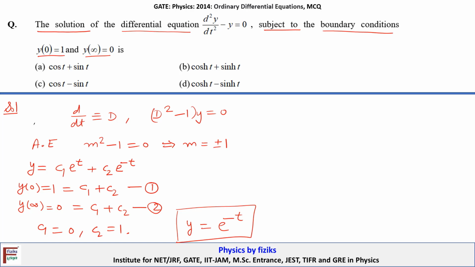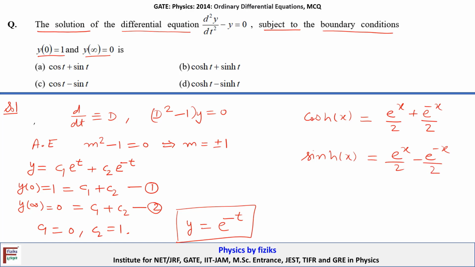Now for this we know that cos hyperbolic x is equal to e to the power x plus e to the power minus x by 2, which can be written in two terms like this. Similarly sine hyperbolic x can be written as e to the power x by 2 minus e to the power minus x by 2.